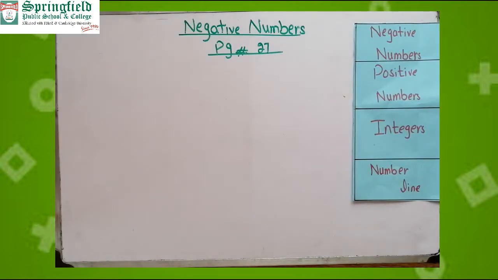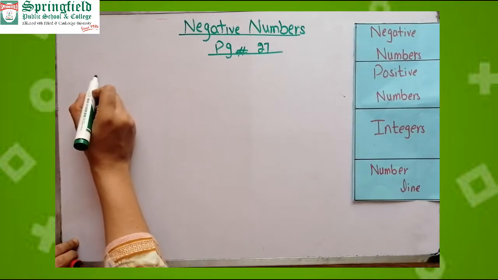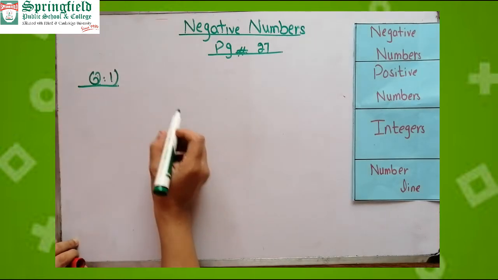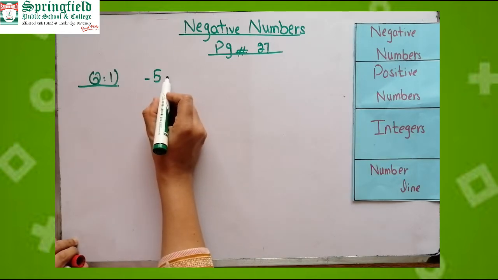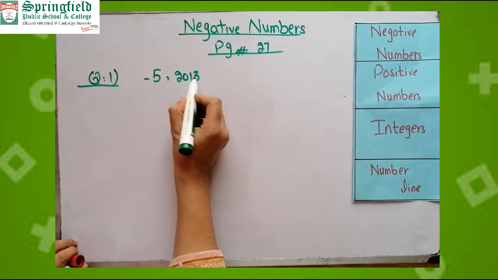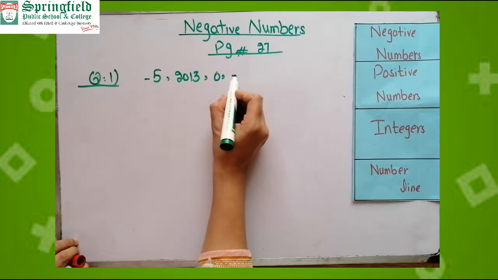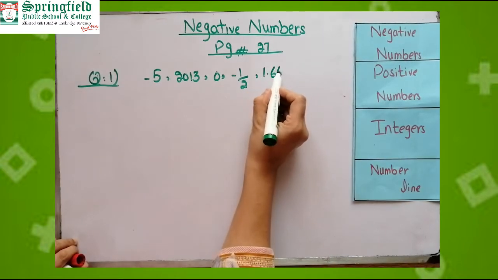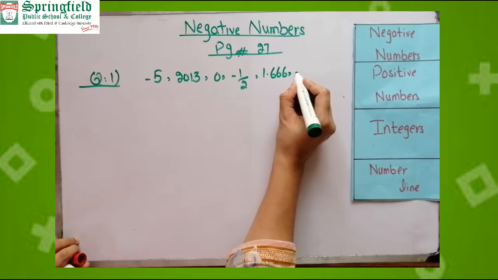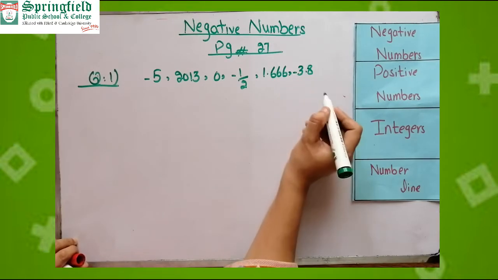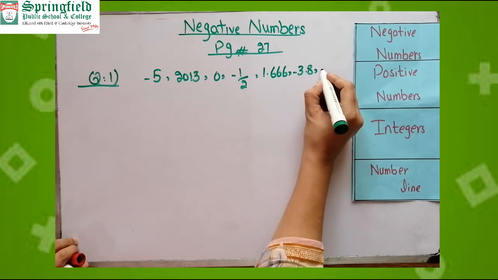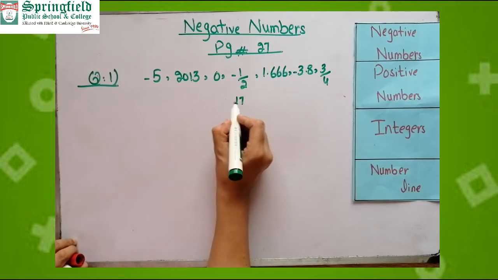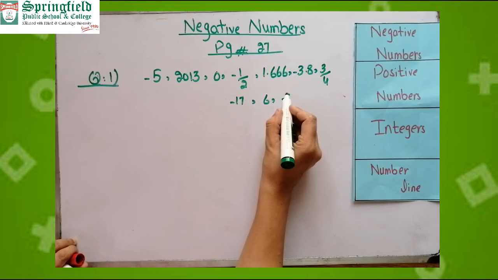Okay, the numbers are, first, question number 1 in the practice: -5, 2013, 0, -1/2, and 1.666, and then -3.8, and then 3/4, and then 17, -17, 6, -2/3.